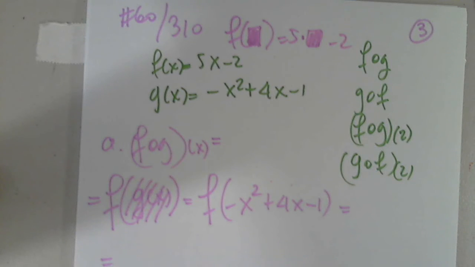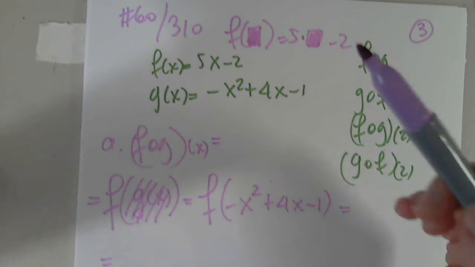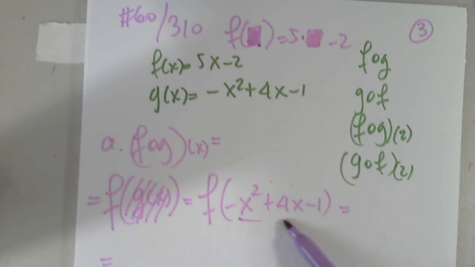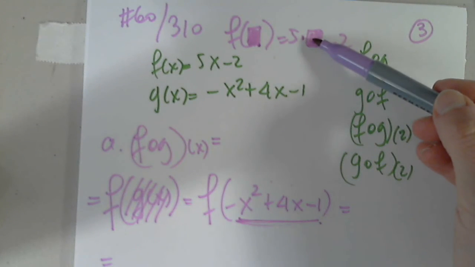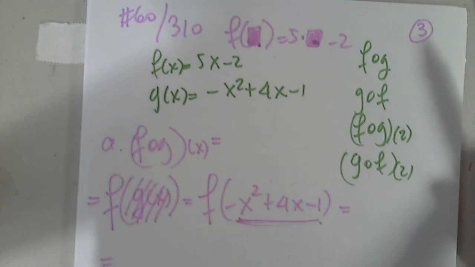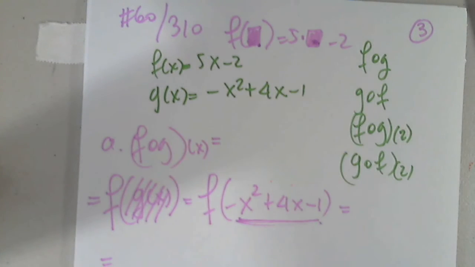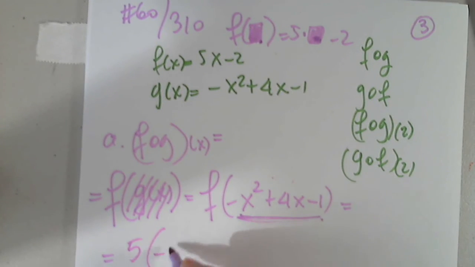F really says this, and that's exactly what I'm going to do. I'm going to replace the argument, which now is negative x squared plus 4x minus 1, in here. That's all I need to do, and then multiply by 5 and subtract 2. Let me know if this is not clear, please. So I have 5 times the quantity negative x squared plus 4x minus 1, minus 2.